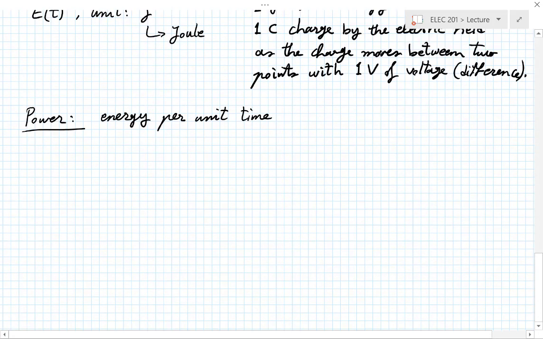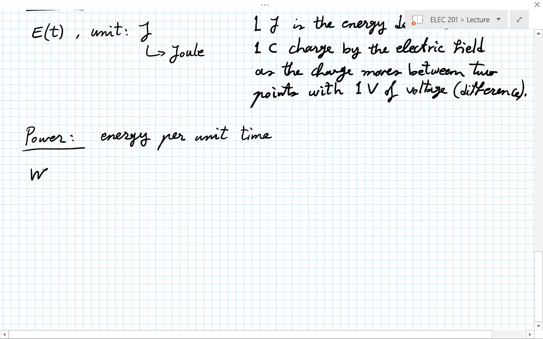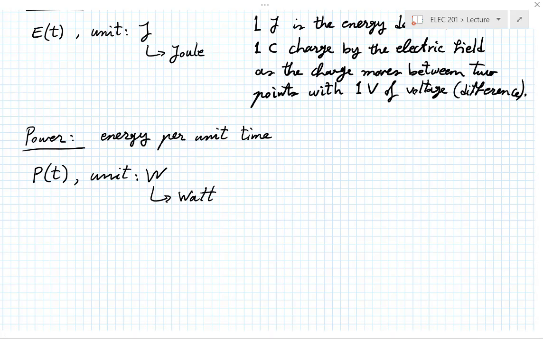Energy per unit time, and so you would indicate it using the letter P, and the unit would be watt. So 1 watt of power is 1 joule of energy per second.